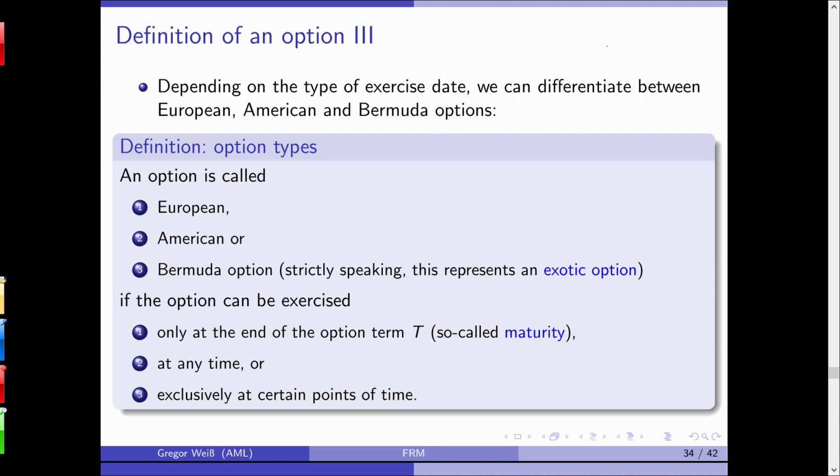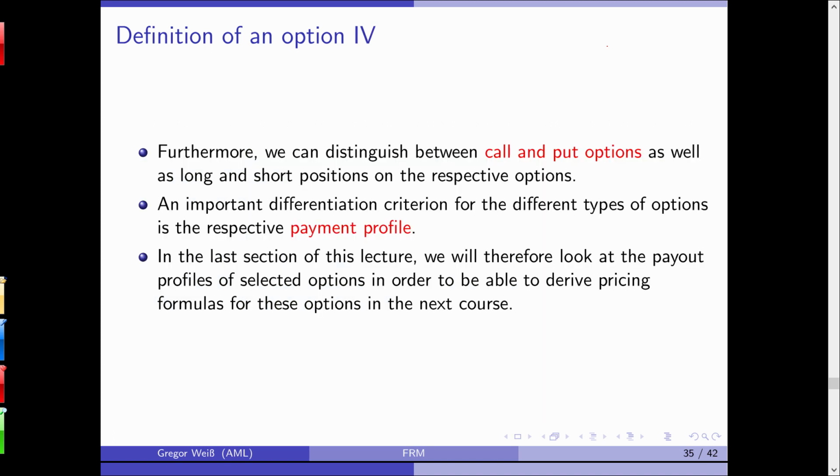It cannot be exercised on the second, third, or so on. It can only be exercised on the first day of a month. That is a Bermudan option. Why? Because the Bermudan Islands lie right between Europe and America. So, European, American, Bermuda option. In fact, Bermudan options are close to being an exotic option.